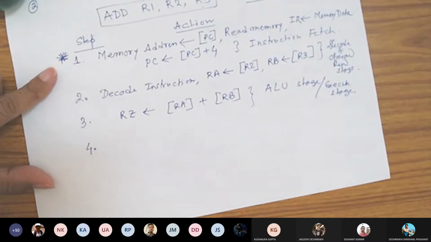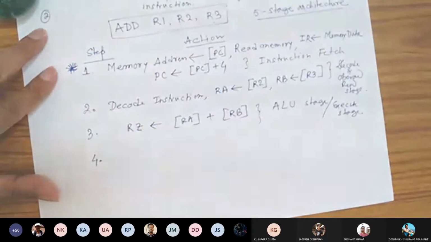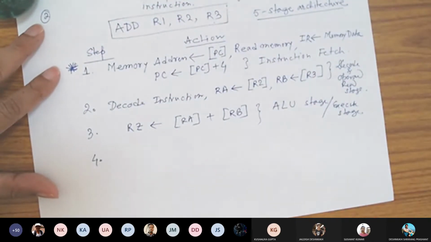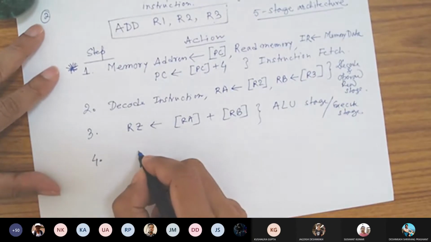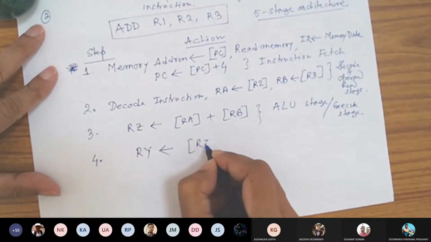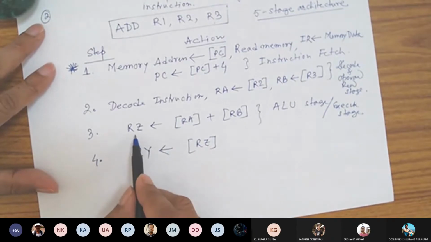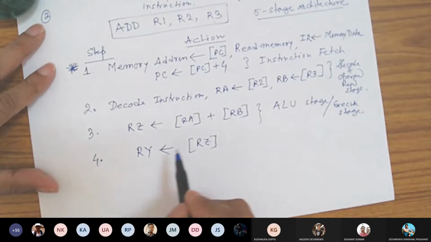Fourth stage, it's memory. But we do not have any memory operation for this particular instruction. So what will it do? It will simply pass the value from RZ to RY. Again, go back to the diagram. You will find that it will simply do like this. The value which is stored in RZ after the addition is transferred to RY.